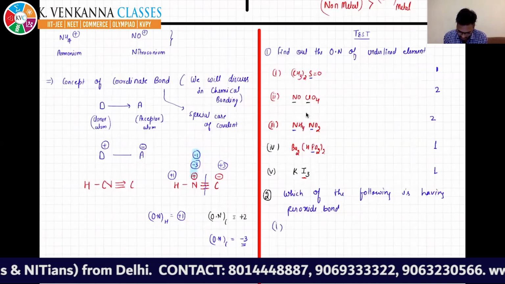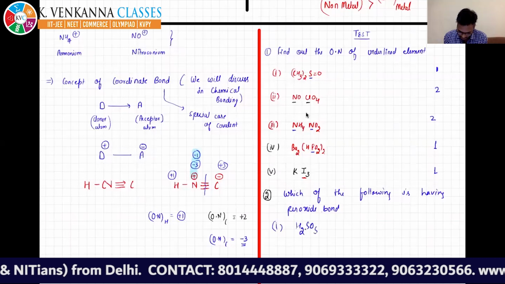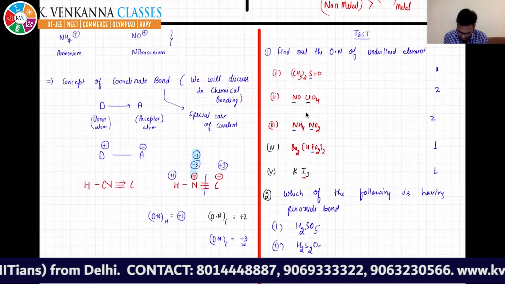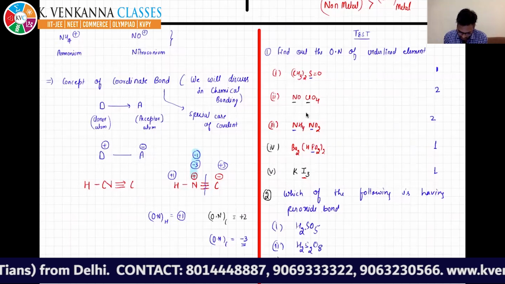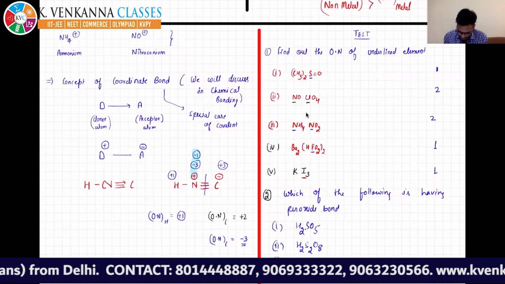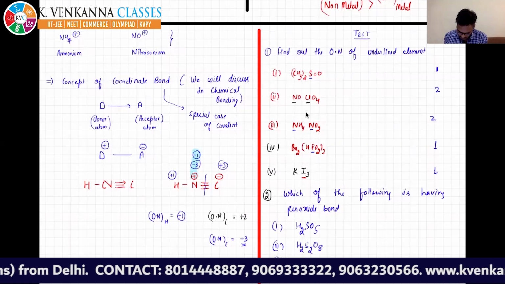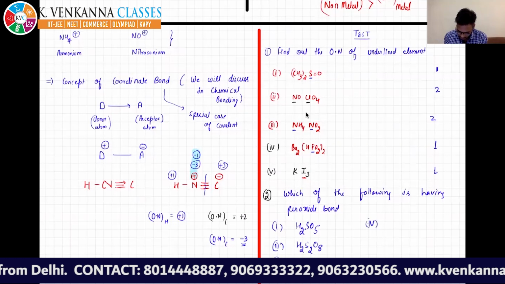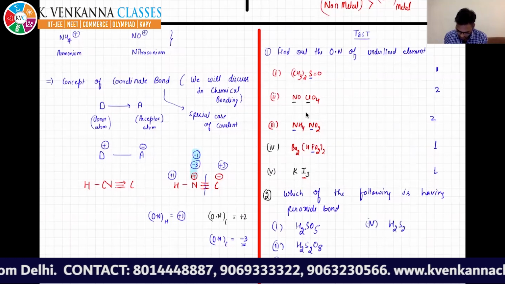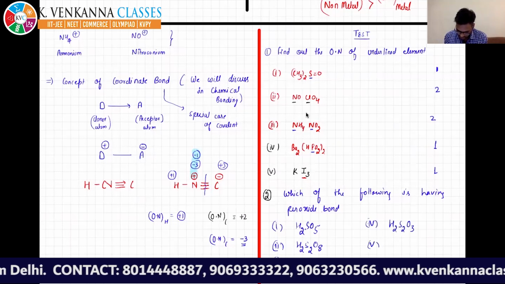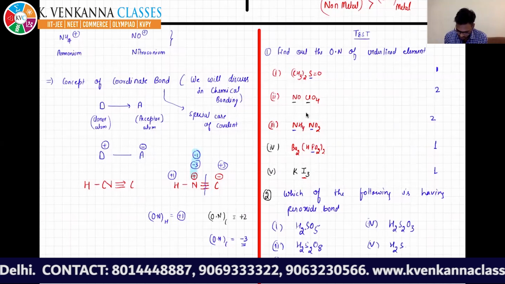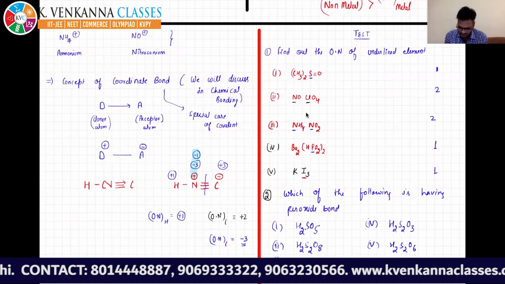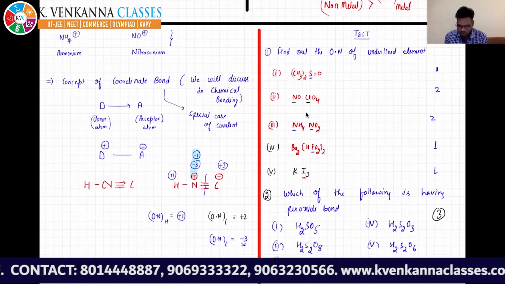The options are: first, H2SO5; second, H2S2O8; third, H2S2O5, right? Fourth, H2S2O3; fifth, H2S2O6. These are the options. So this is of 3 marks.